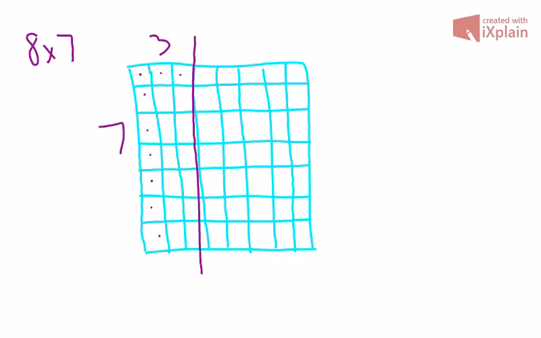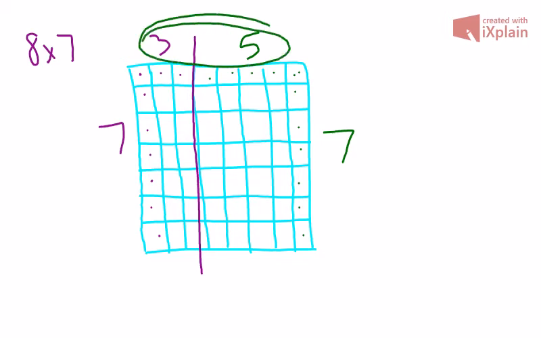And then in the other color, I have 1, 2, 3, 4, 5, and then 1, 2, 3, 4, 5, 6, 7 still going down. Alright, so now I have my purple, and if you notice, these two numbers right here, 3 and 5, equal the 8.